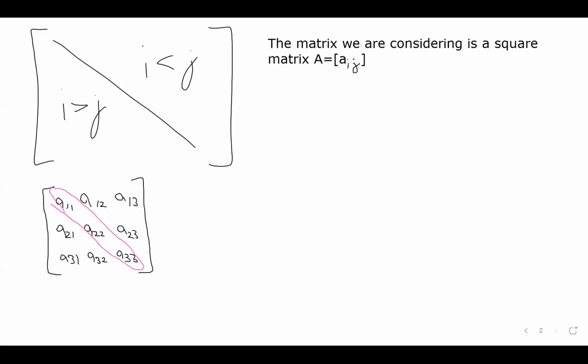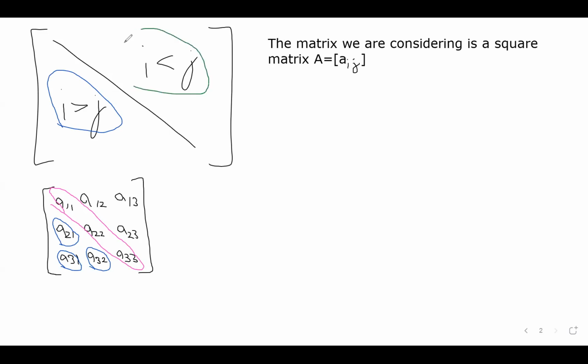But now the entries in which i is greater than j are these entries. See how the first index is greater than the second: 2 is greater than 1, 3 is greater than 1, 3 is greater than 2. All the entries in which i is greater than j are below the main diagonal.